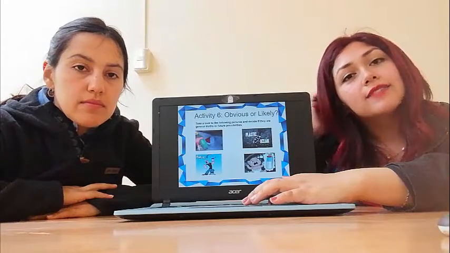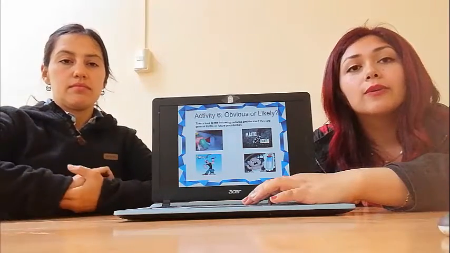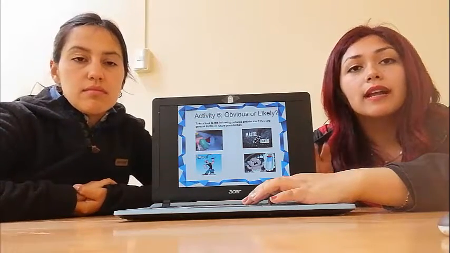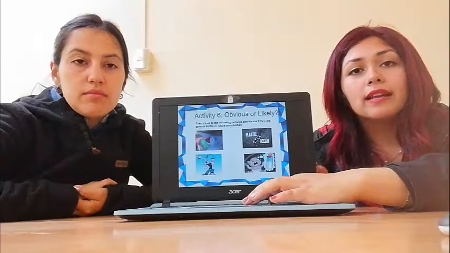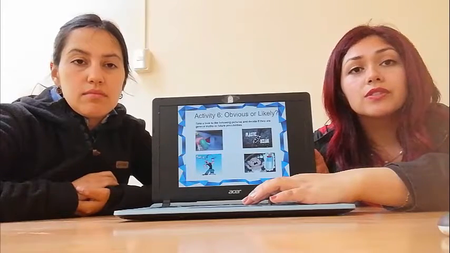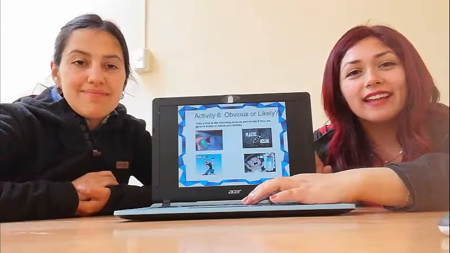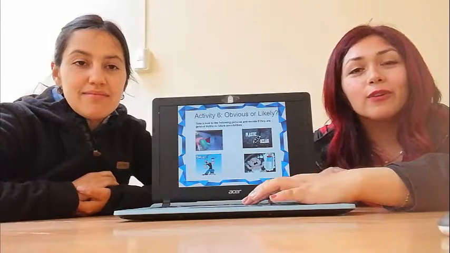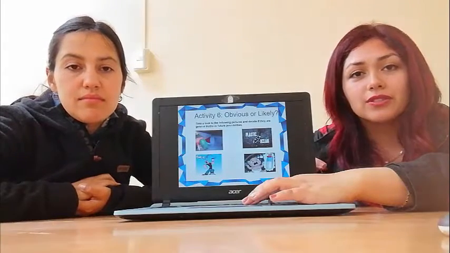Then in this activity, we decided to add it because we noticed that all the activities previously were a little bit guided. So this one is a little bit more open. In here, they have to decide whether these situations are likely or unlikely, if they are likely or they are always like that. So they have to decide if they are zero conditional or first conditional.